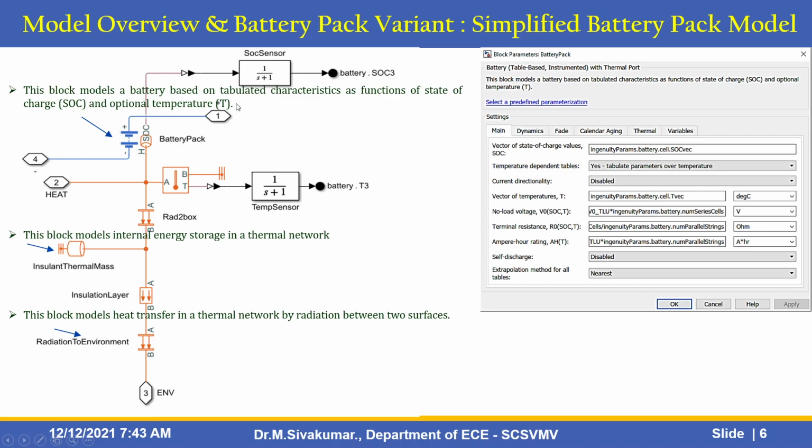This block models a battery based on tabulated characteristics as a function of state of charge, so the SOC sensor measures state of charge and temperature. Here you also need to modify the values: the vector of state of charge values, temperature-dependent values, current directionality, and vector of temperatures, all based on the tabulated characteristics. The next block is the thermal mass block, which models internal energy storage in the thermal network.